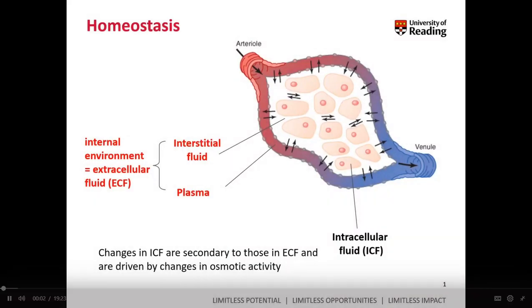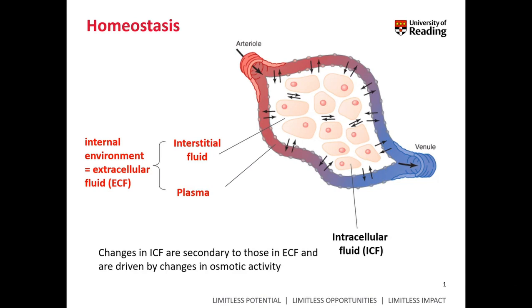So if we have a capillary bed, the internal environment will be constituted by the interstitial fluid and the plasma, while the intracellular fluid will not be the internal environment. Of course, the two compartments are not isolated.